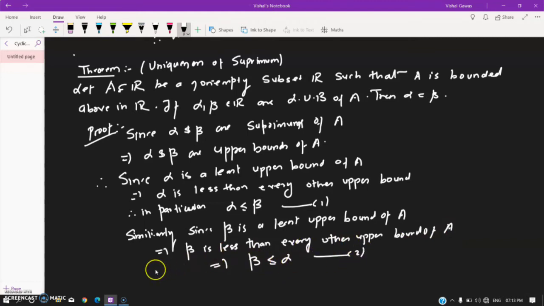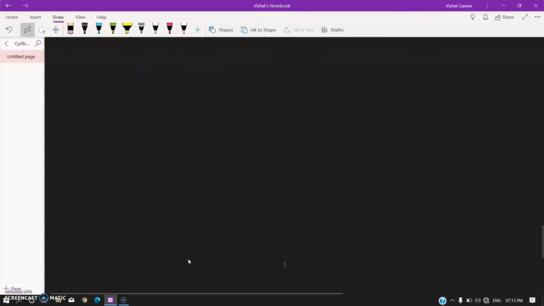This is 2. So from 1 and 2, what do you get? Therefore, alpha becomes equal to beta.